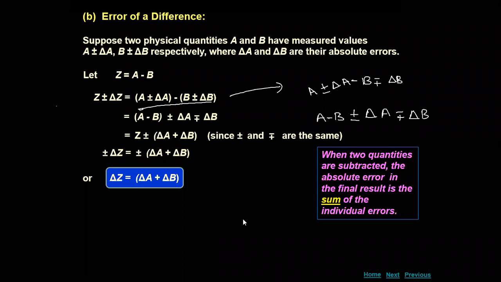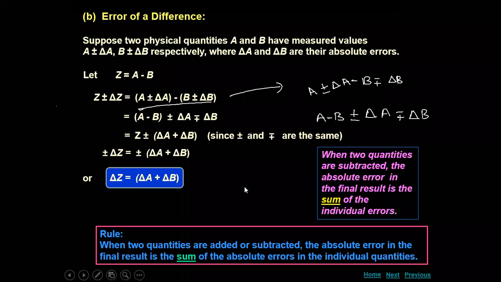Right. We'll continue with the next part. We have 10 more minutes. Probably only multiplication will be completed. We'll try to complete. See, this rule, I forgot to mention. This is the rule for addition or subtraction: when two quantities are added or subtracted, the absolute error in the final result is the sum of the absolute errors in the individual quantities.